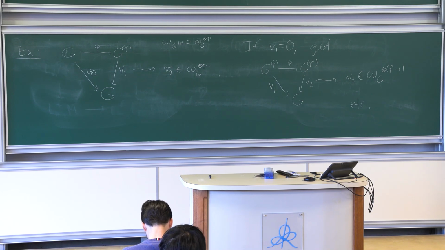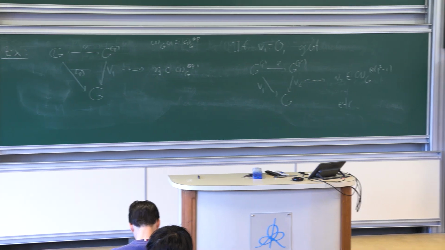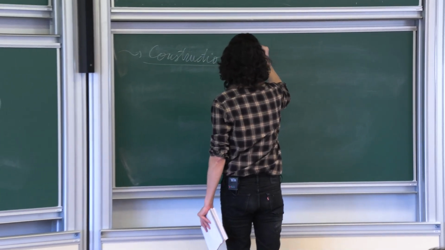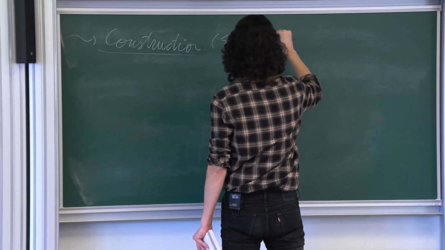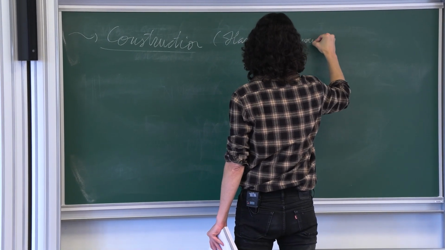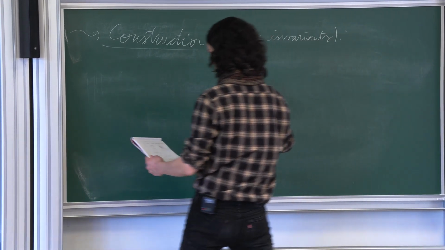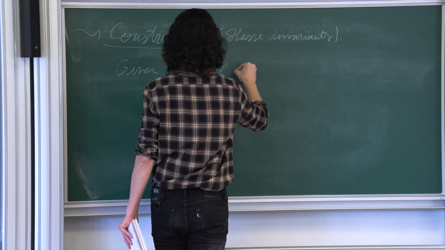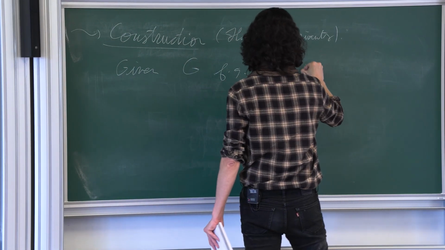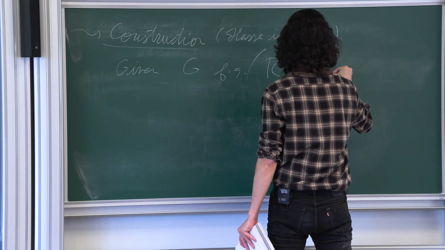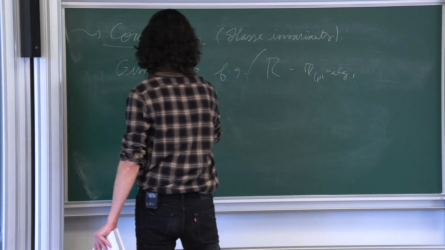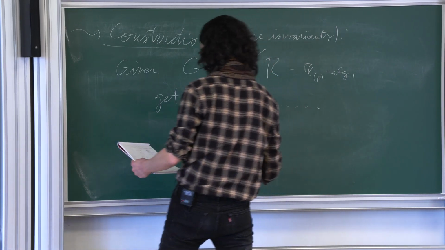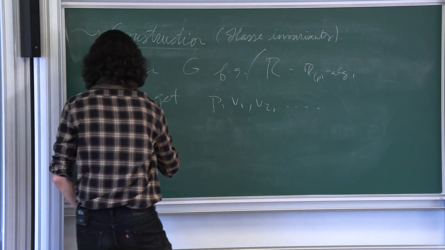Okay. So this gives the construction. These are Hasse invariants. Given G, a formal group over R, a Z_p-algebra, we get a sequence p, v1, v2, and so on. Where do they live?